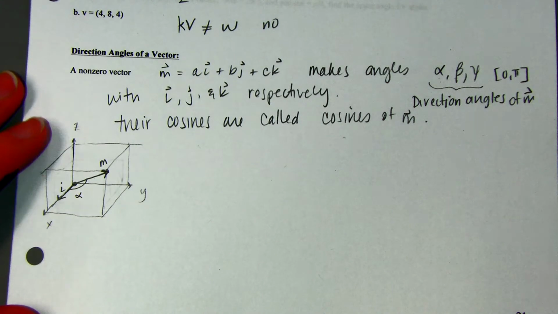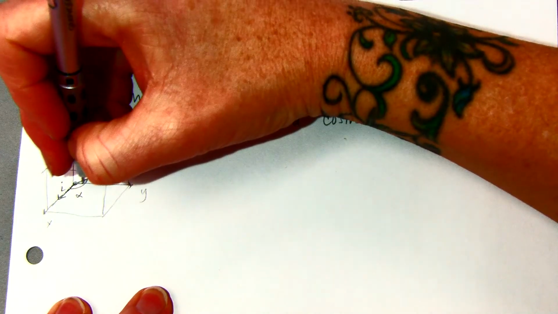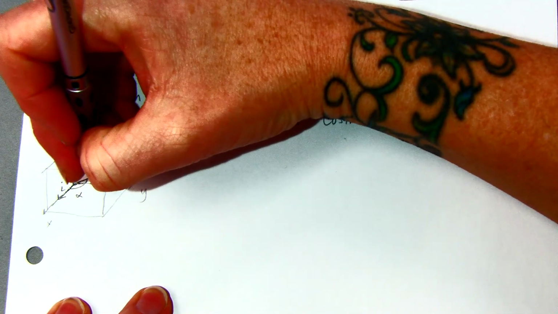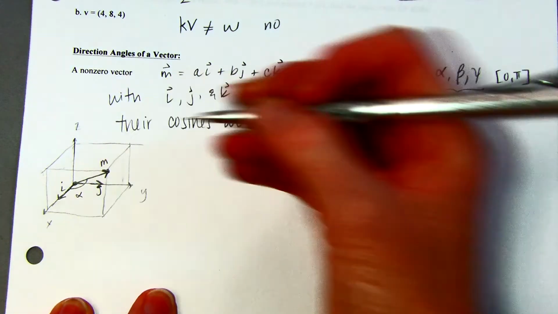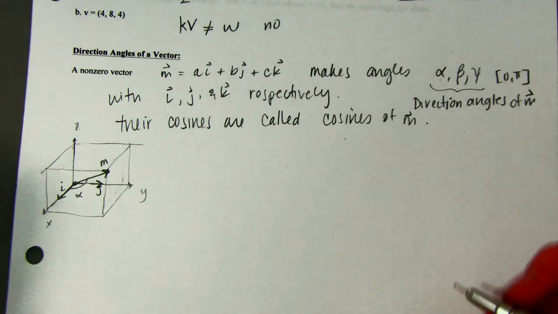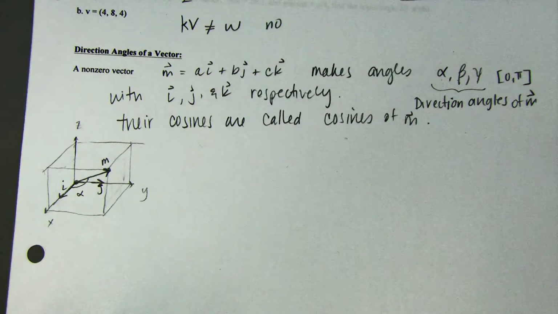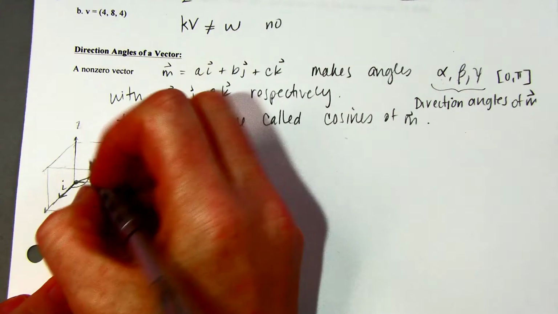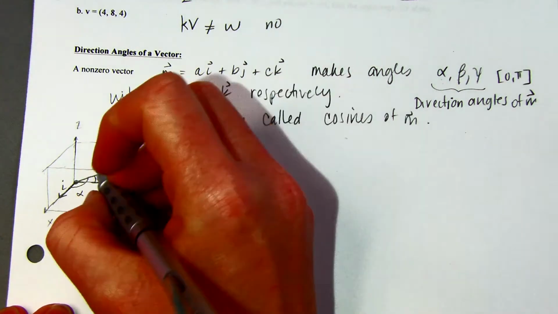Then in the back here we have vector j along the y-axis. Again, you're dealing with a plane that's on a diagonal. The angle between vector m and the unit vector j is beta.